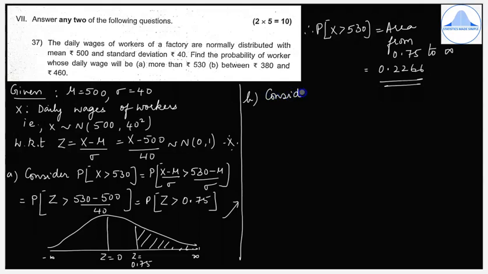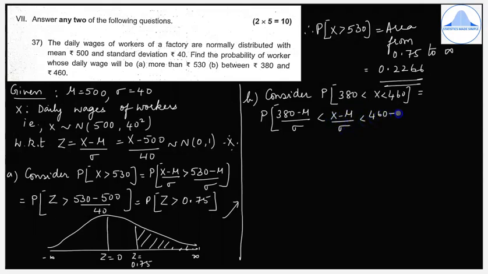Moving on to the next subdivision, between 380 and 460. So consider probability of 380 is less than x is less than 460. This is read as x lies between 380 and 460. Again you have to standardize. So it is probability of 380 minus mu divided by sigma is less than x minus mu by sigma is less than 460 minus mu divided by sigma, which is equal to probability of 380 minus 500 by 40 is less than z is less than 460 minus 500 divided by 40.